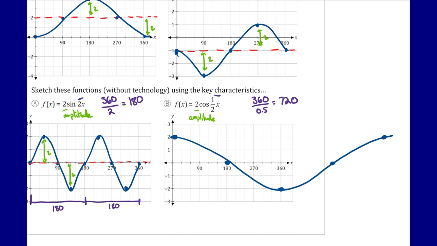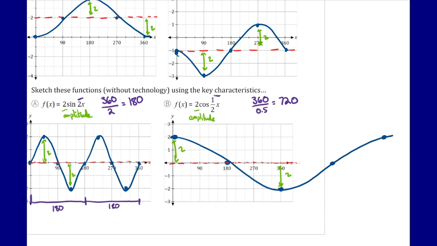So that fits. But what happened to my values? Well, the amplitude didn't change. That's still 2. My midline didn't change. That's still at 0. What happened to the x values? Similar to the last one. Well, this midline here, that point should be at 90.